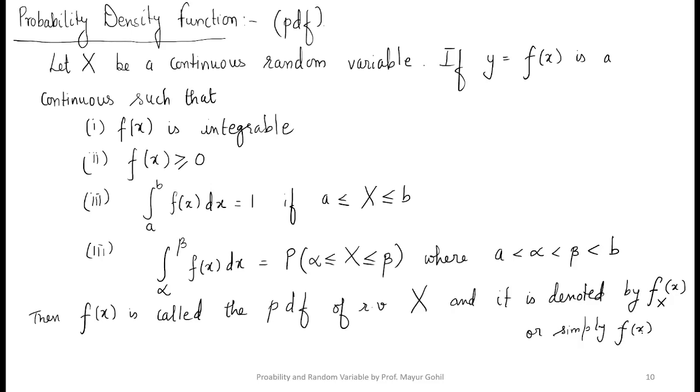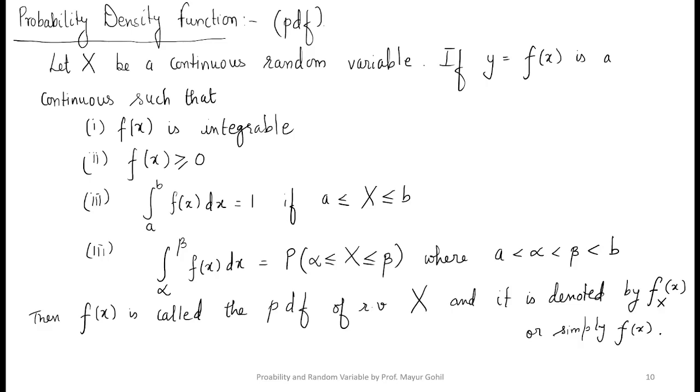This is also okay, but the one with suffix capital X is more specific when the random variable is also shown over there. This is the definition of probability density function.